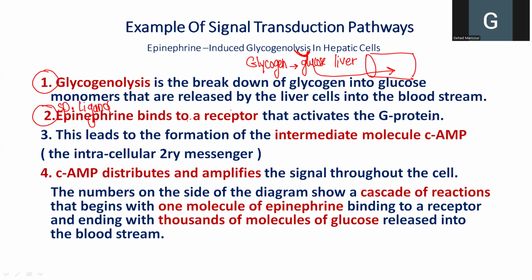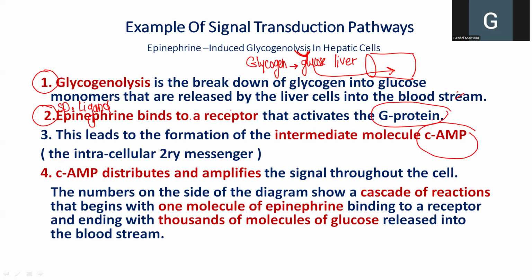And since the receptor to which epinephrine binds will activate the G protein, this receptor is a G protein coupled receptor. And since it is a G protein coupled receptor, it will achieve the cellular response through the formation of cyclic AMP, which is considered the intracellular secondary messenger, because the primary messenger in such a case is epinephrine.